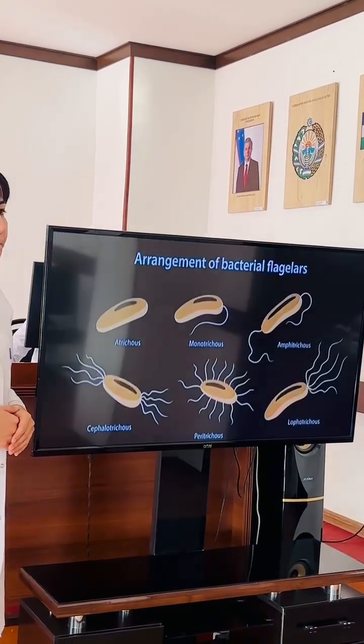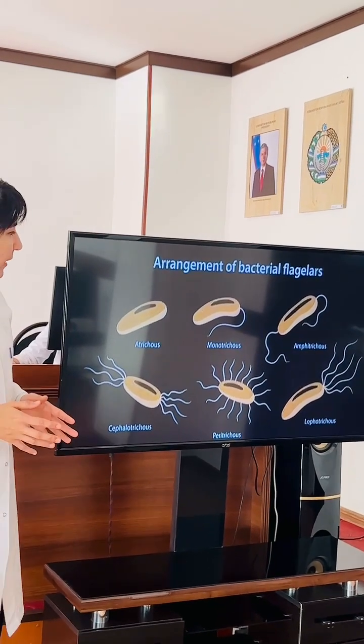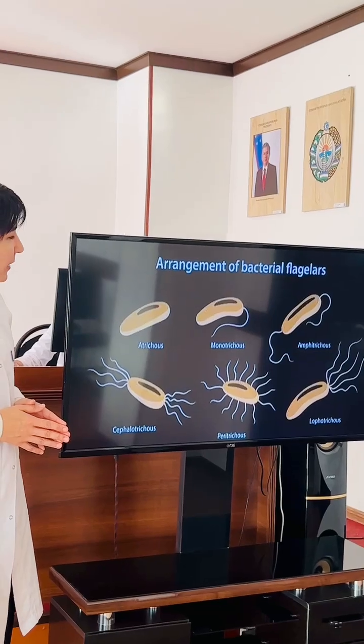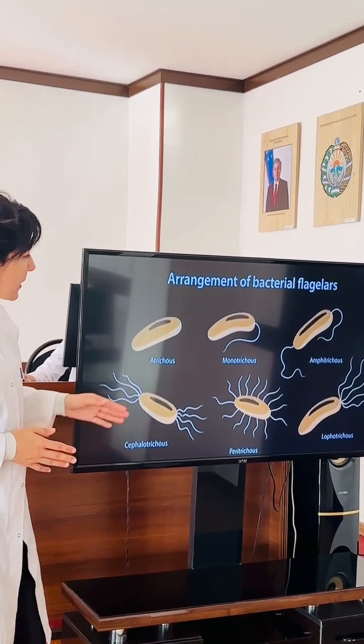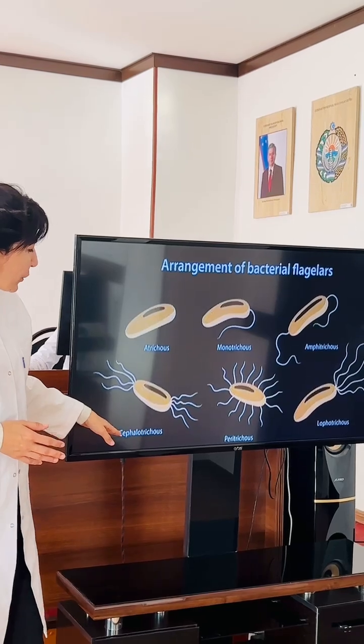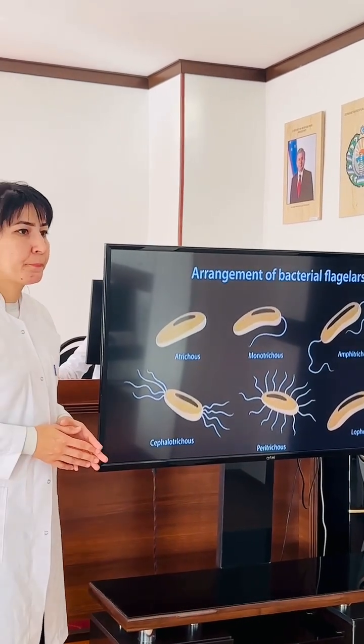And here you can see pictures of how flagella are located in bacteria, for example monotrichous, amphitrichous, cephalotrichous, peritrichous, and lophotrichous.